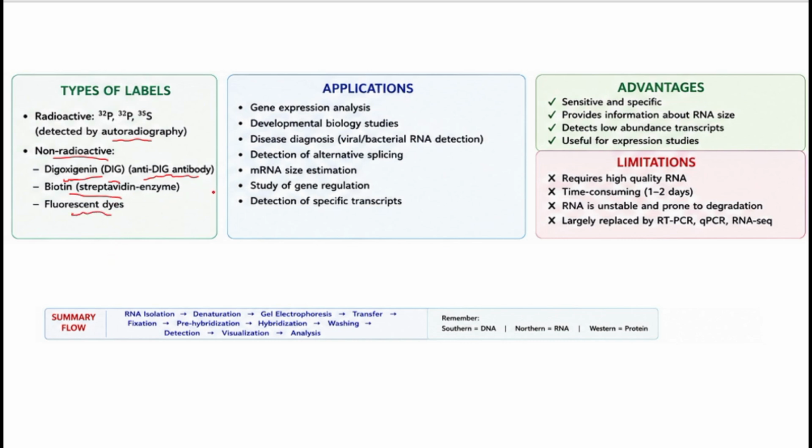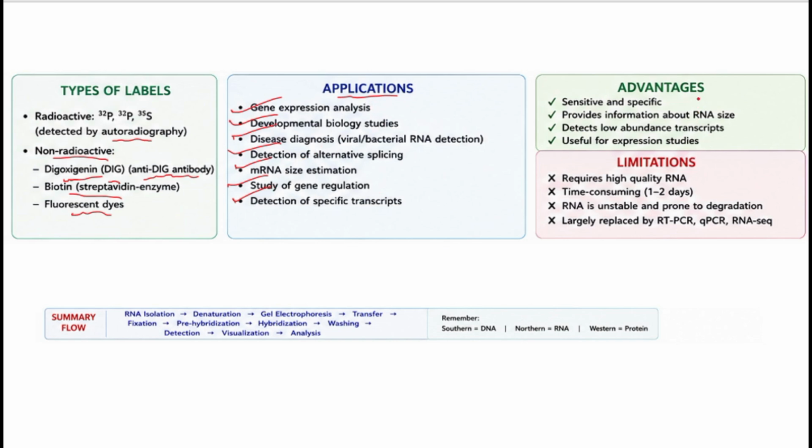These are also present, but most commonly we use the radioactive ones. Okay, so where is this used? It is used in gene expression analysis, developmental biology studies, disease diagnostics, detection of alternative splicing, mRNA size estimation, study of gene regulation, and detection of specific transcripts. These are the applications of northern blotting.